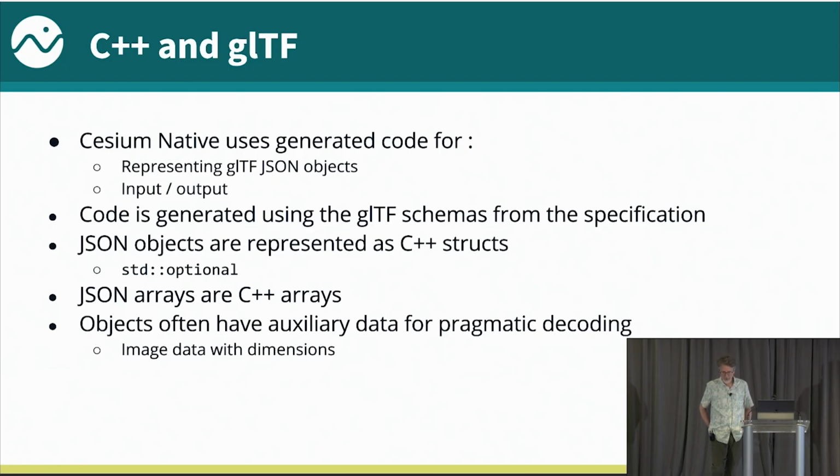And in general, it's not very obscure. The JSON objects are C++ classes with optional fields as C++ optional values. And these are arranged in arrays. And sometimes we hang other pointers off these objects, for instance, to store images in a more convenient way than just the binary data that happens to be embedded in the JSON.